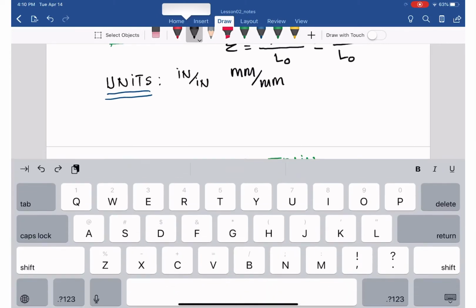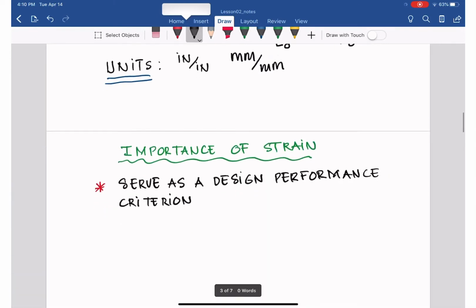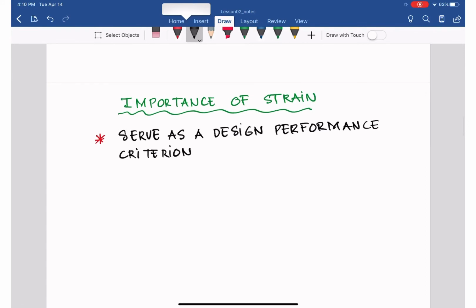If the strain is too big, you can visually see the structure in deflection or elongation. That's not good. Then you need to limit that deformation, and in this case we look at strain. So that is one of the criteria for the design.